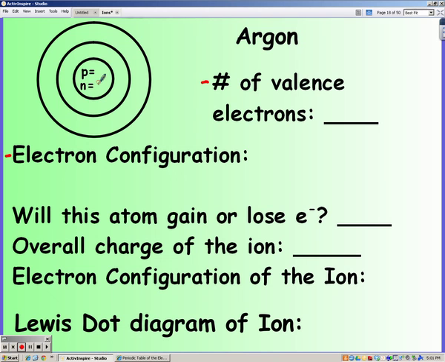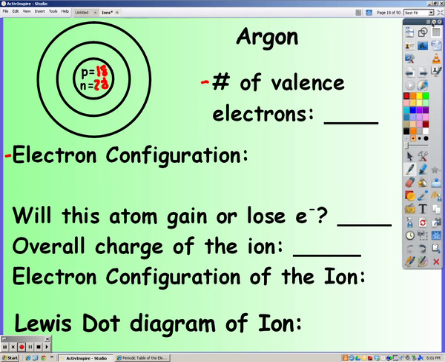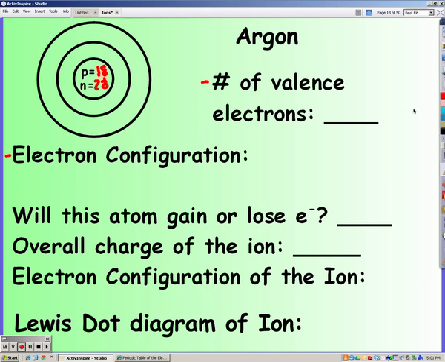So 18 protons and 22 neutrons. For our Bohr diagram, you should have had 2 in the first ring, 8 in the second ring, and 8 in the third ring. Which gives us 8 valence electrons.